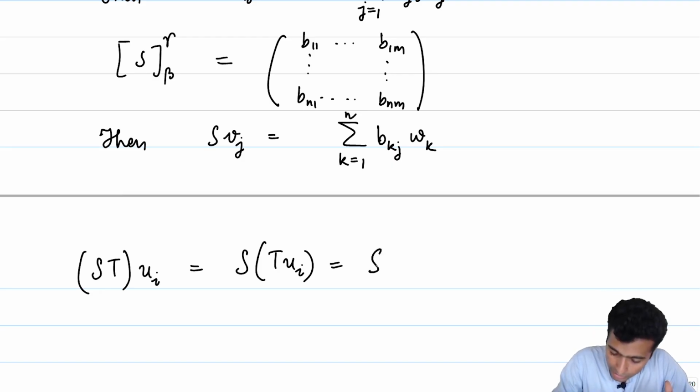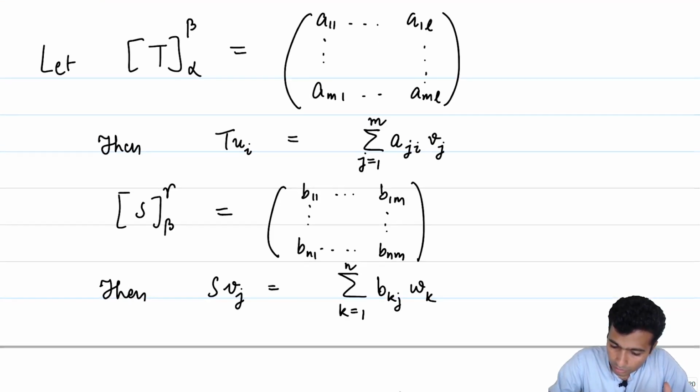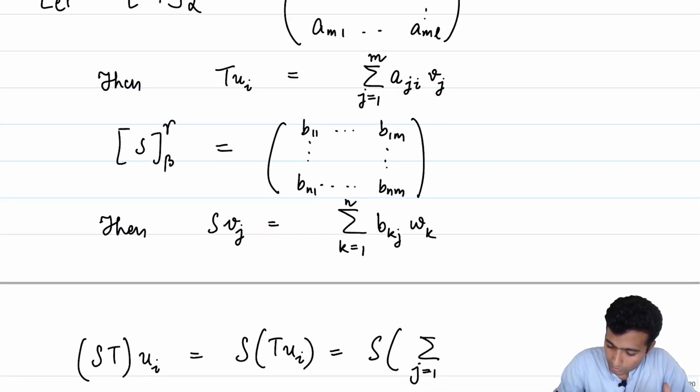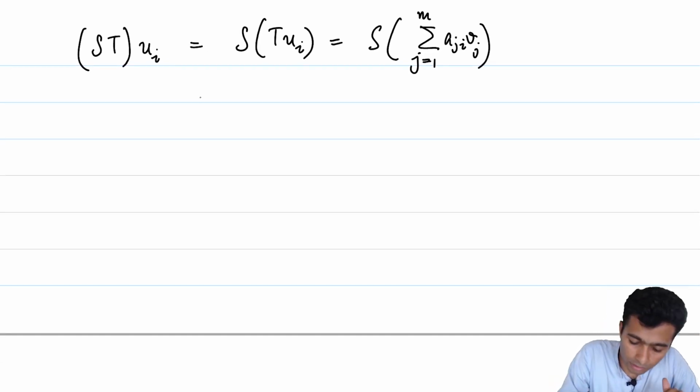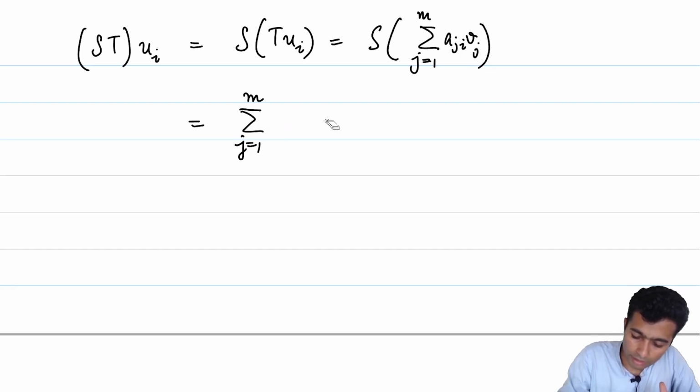This is equal to S of summation j equal to 1 to m A_ji v_j. But we know that S is a linear transformation, and therefore this is equal to summation j equal to 1 to m A_ji times S v_j.